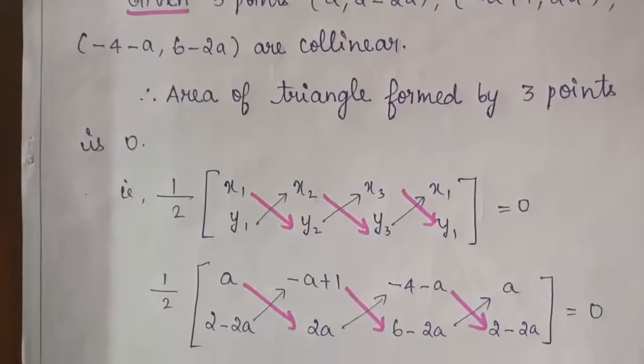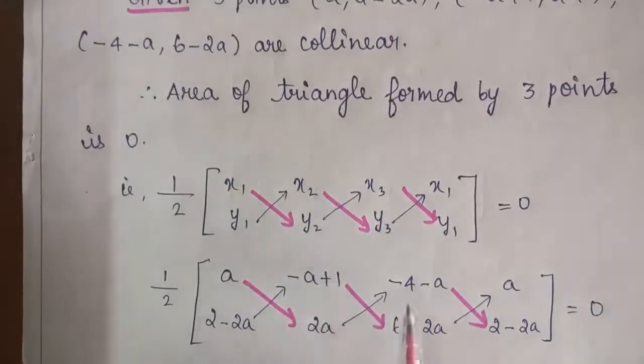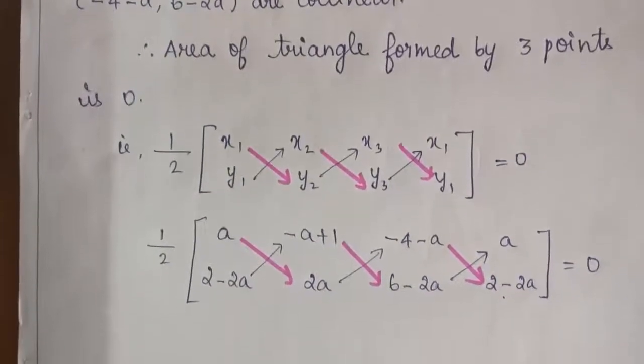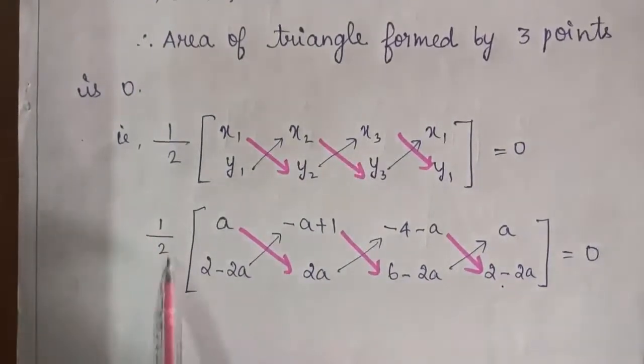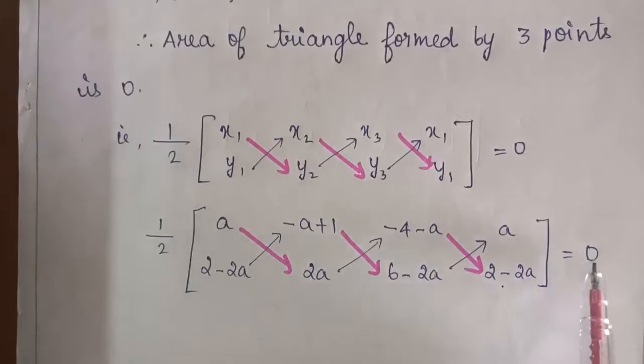Then I substitute the values of x1, y1, x2, y2, x3, y3 and again x1, y1. Next we are going to do the multiplication. If you take 1 by 2 to this side, it will become 0.